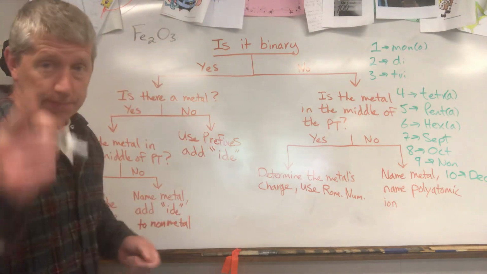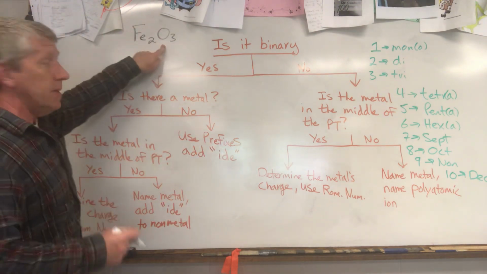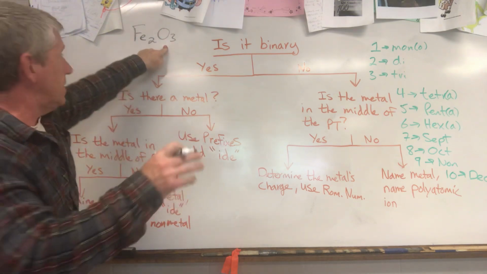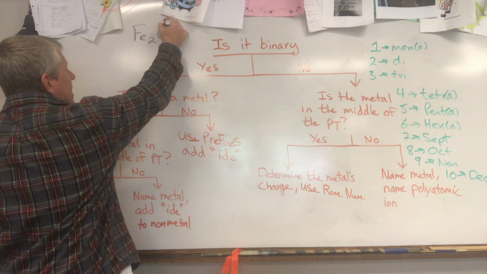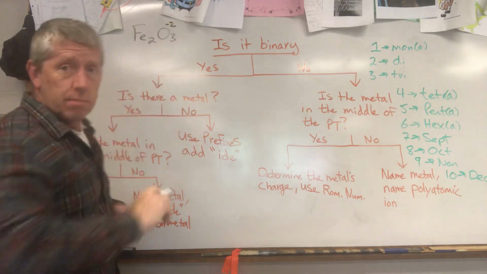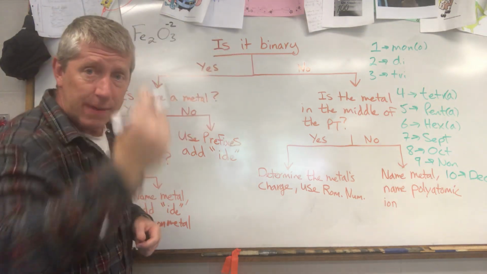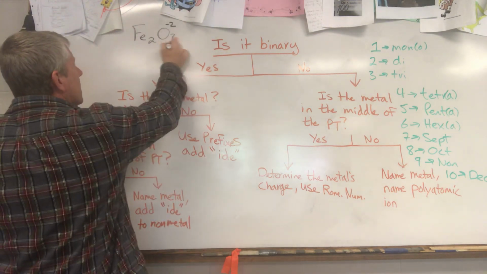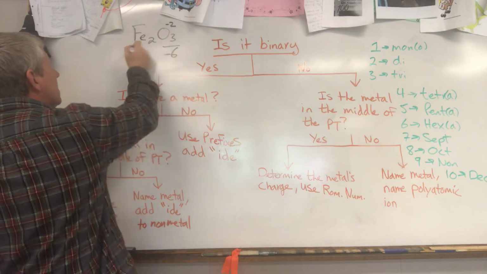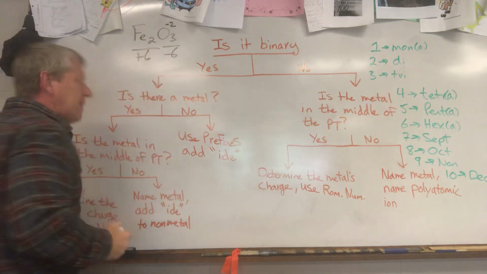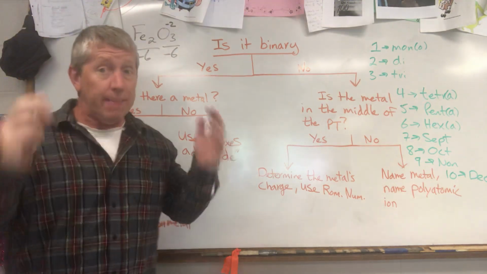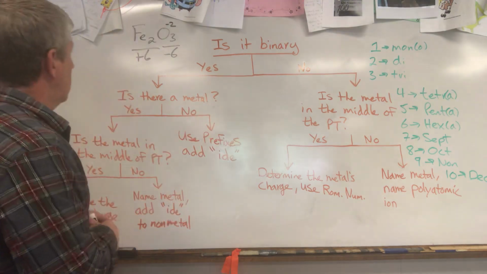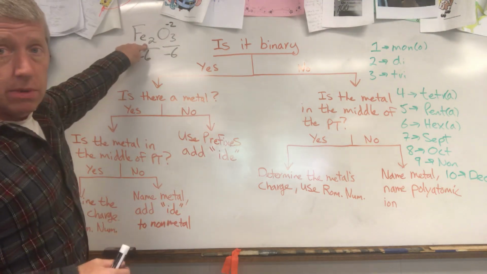Okay, important here. Here's how I figure it out. Oxygen's in the -2 group. It's always a -2. You can count on oxygen, -2. Now there are 3 of them. 3 times -2 is, you got it, -6. That means the iron has to have a total charge of +6 to balance the -6. There are 2 of them.